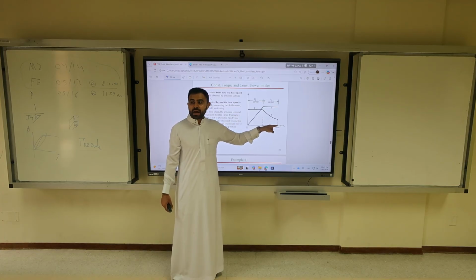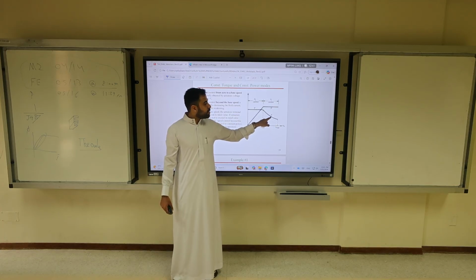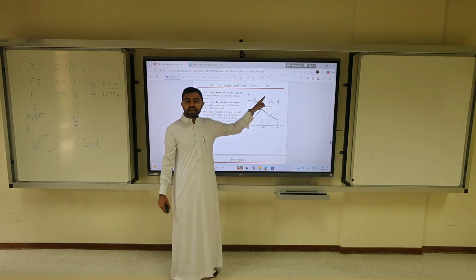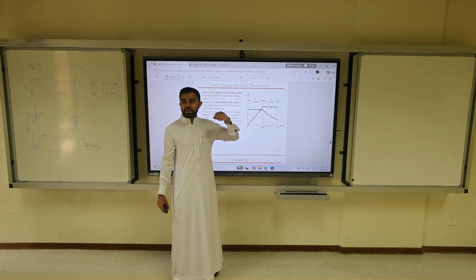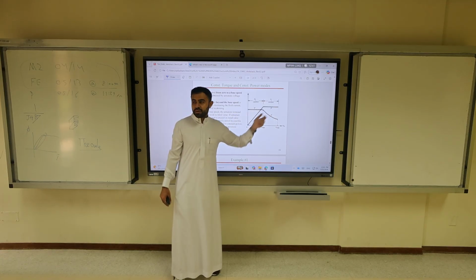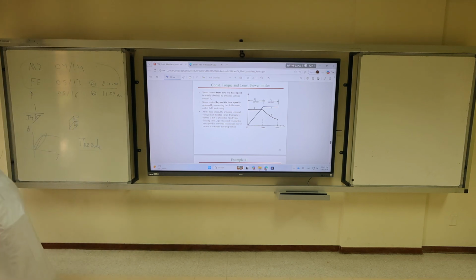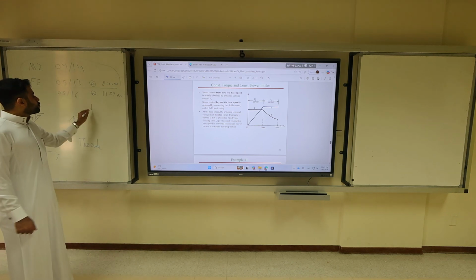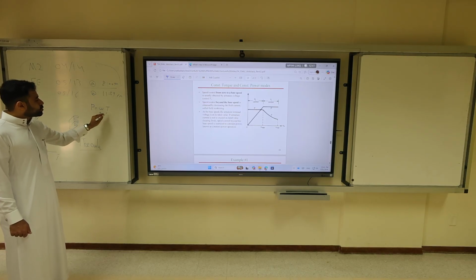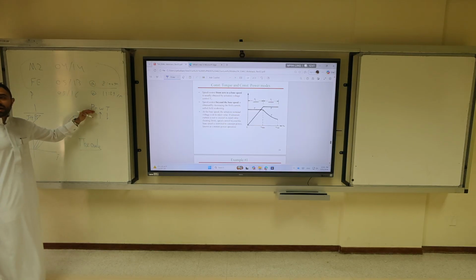You cannot supply enough torque. Why? Because you're going to increase the field. If you increase IF, you're going to increase IA. If you increase IA, you're going to increase the... basically you have to maintain constant power. So if you increase the speed, you have to decrease the torque to maintain the same power.